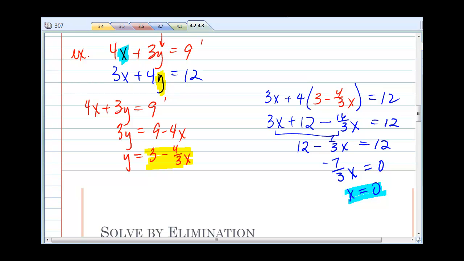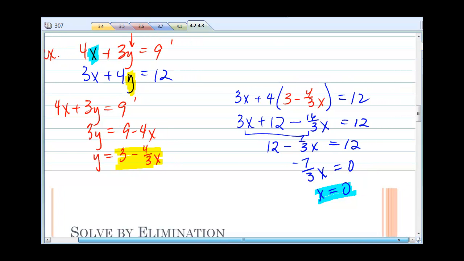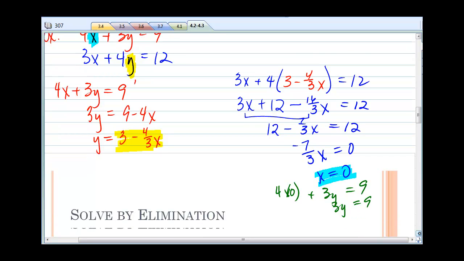So let's substitute it back in there, and we'll write this as 4x, or 4 times 0, plus 3y is equal to 9. So 3y is equal to 9. So y is equal to 3.